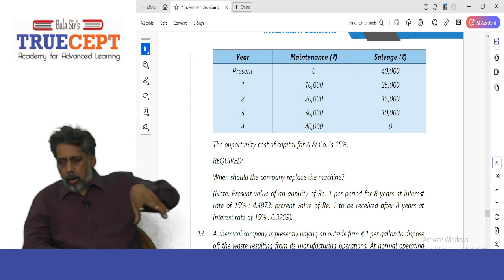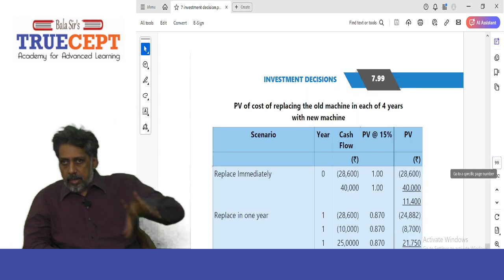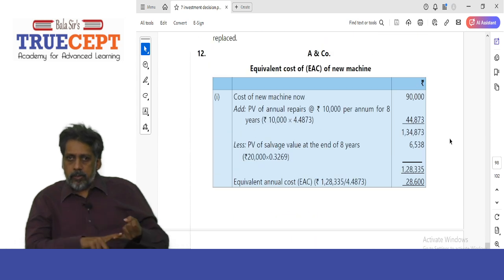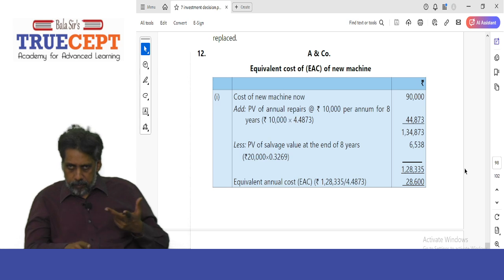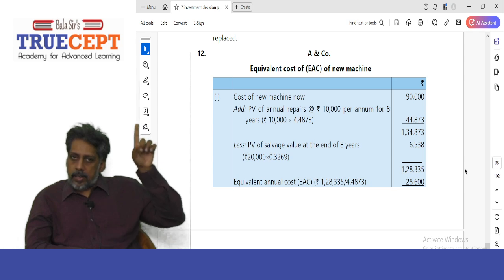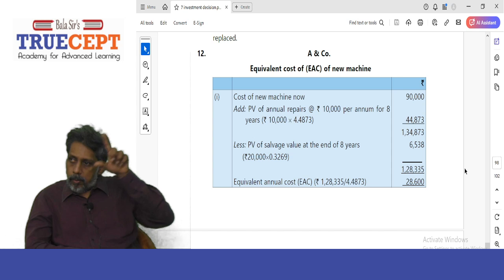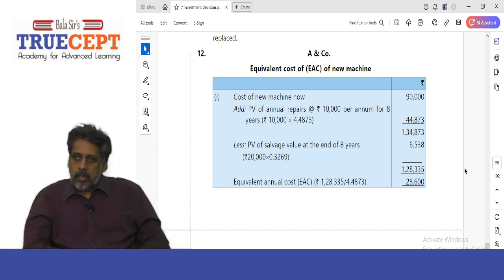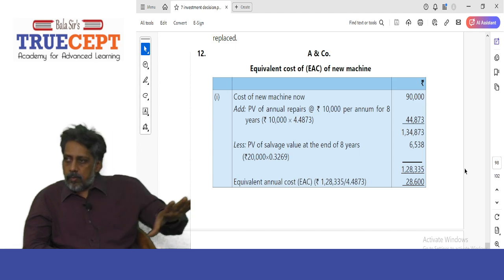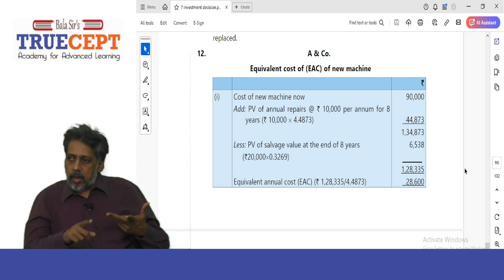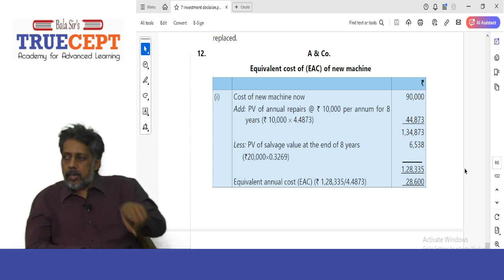First of all, I'll calculate the present value of all my cash outflows relating to the new machine. Is that fine? Now, rupees 90,000 is the initial outlay. That's a cash outflow. And I'll be incurring rupees 10,000 on maintenance of the new machine for how many years? 8 years. Each year rupees 10,000. If I want to find the present value of this, I can do rupees 10,000 into the annuity factor 4.4873.